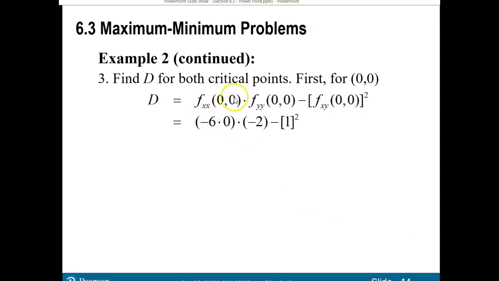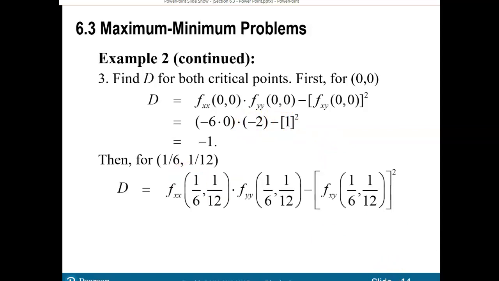Okay, so the second with respect to x was negative 6x. We're plugging in the 0 for x. This one was negative 2, and that was 1. So notice here, this is 0 minus the 1, so we get a negative 1. Then we'll do it for the other critical point, plugging that critical point into our D function.